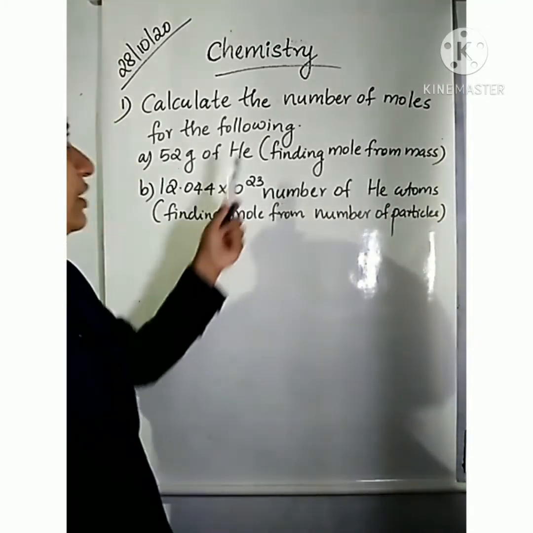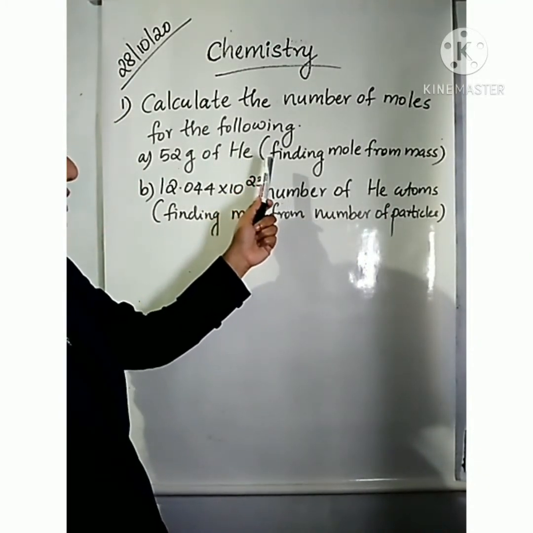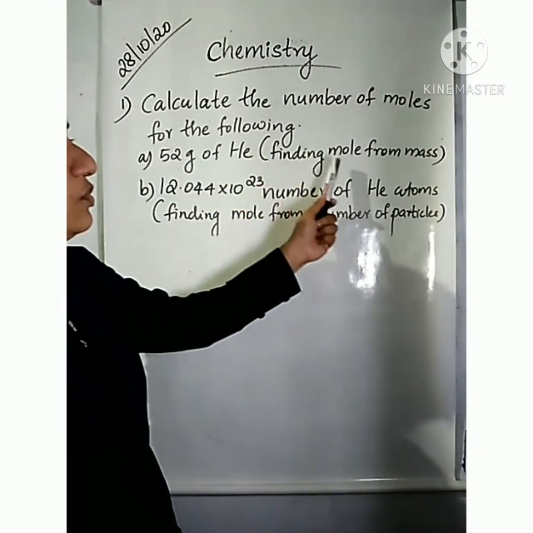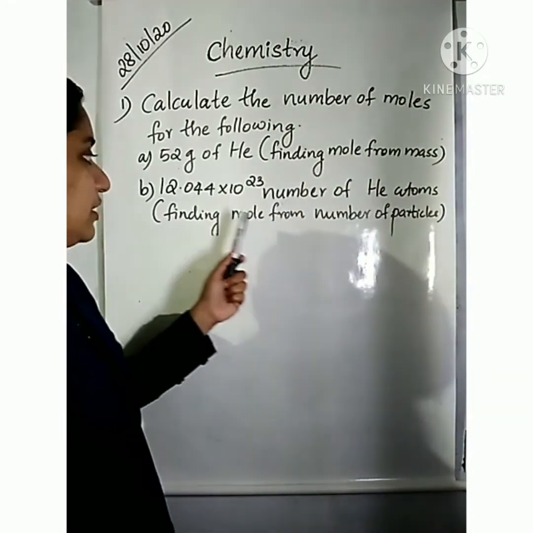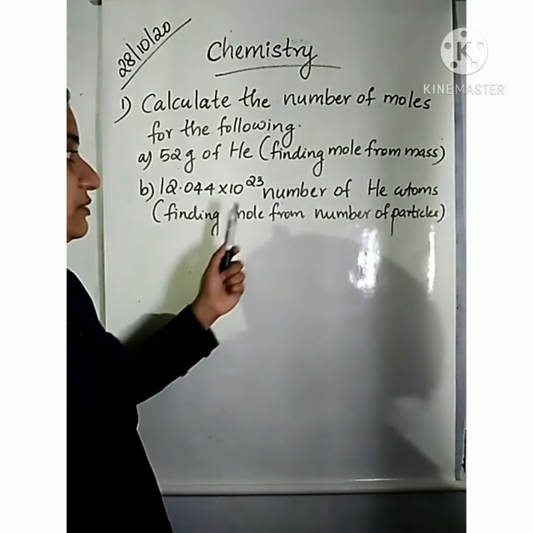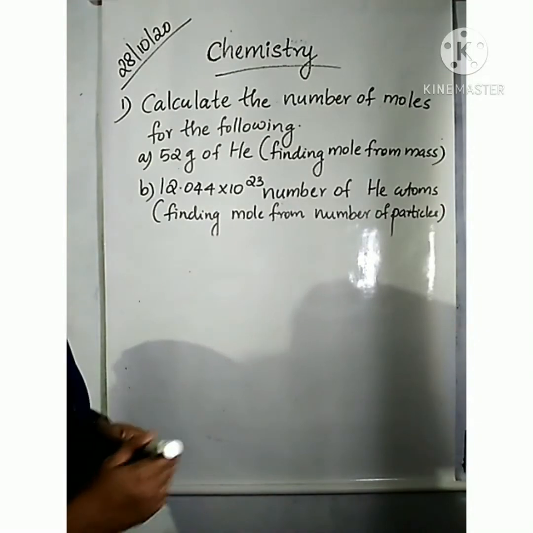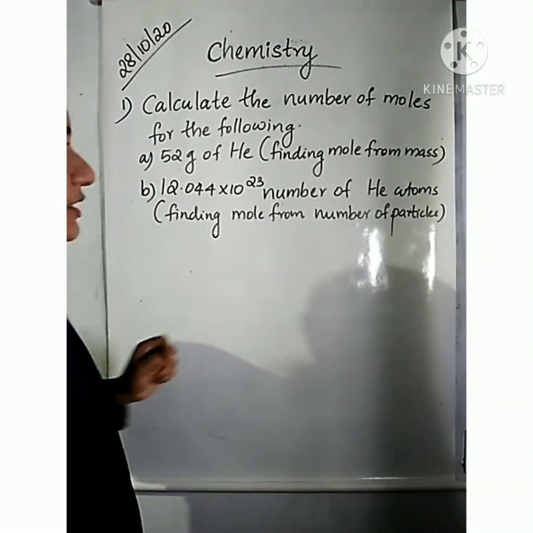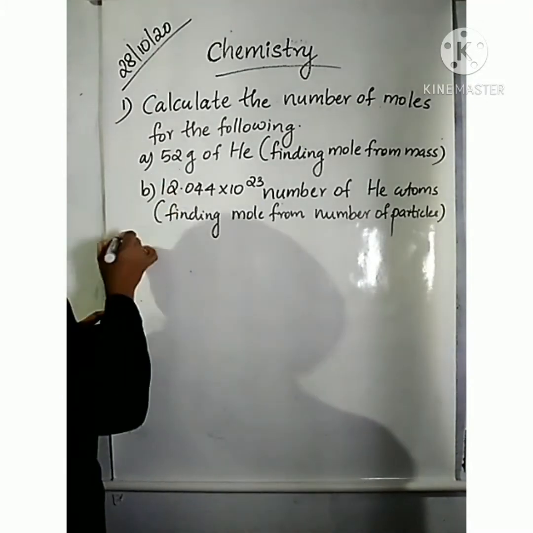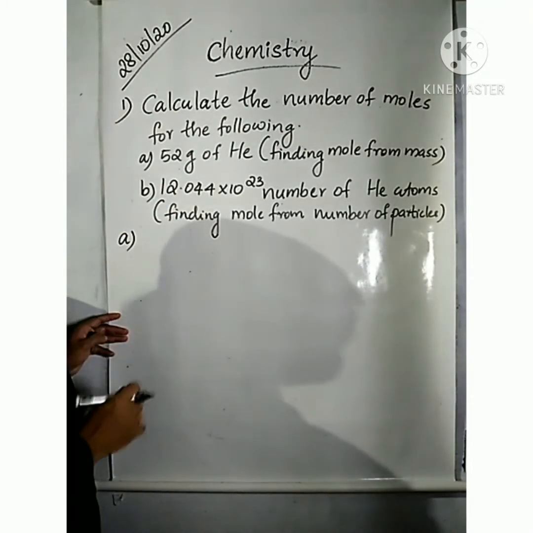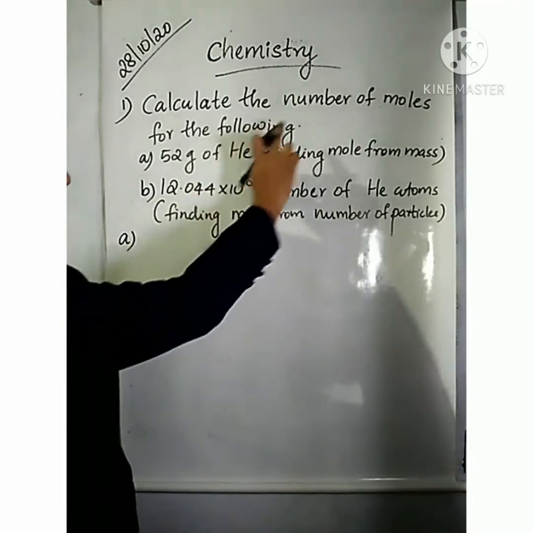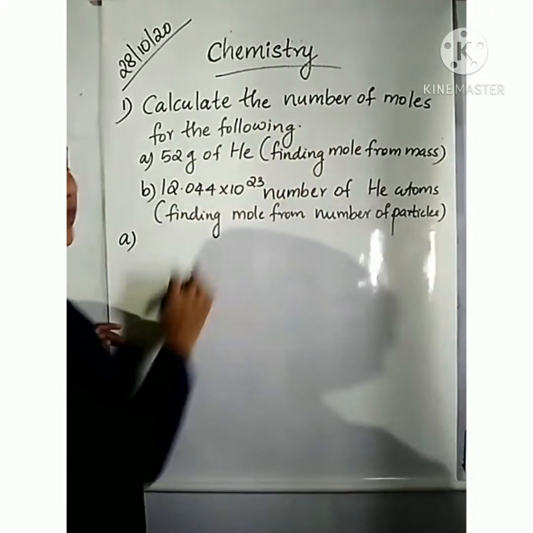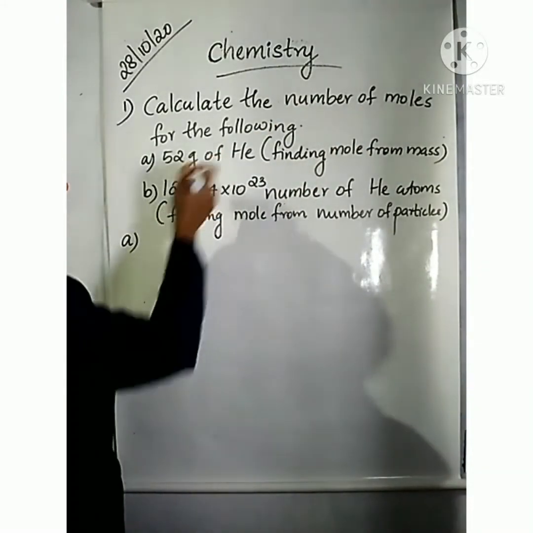Okay, so this is the method used for finding mole from mass. Here we want to calculate finding mole from number of particles. So we are going to do this one. Listen here. First one we are doing A. We are calculating the number of moles from the given mass.